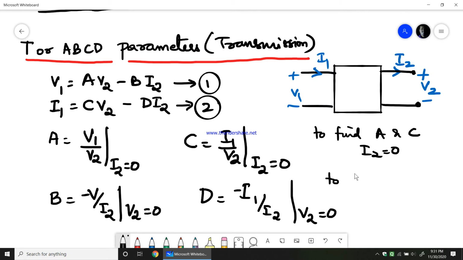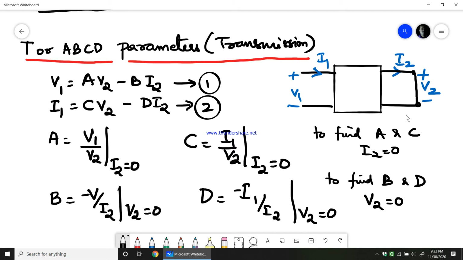Now to find B and D, you make V2 equals 0.